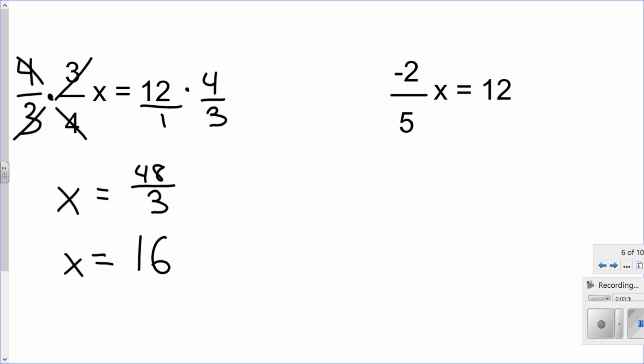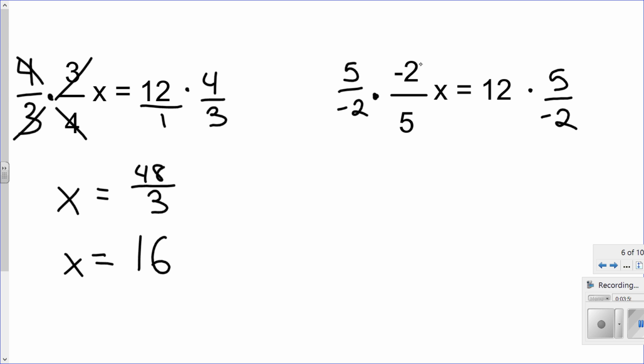Try this one on your own. Multiply negative 2/5 by the reciprocal. So I multiply both the numerator and denominator, the left-hand side and the right-hand side, by 5 over negative 2.